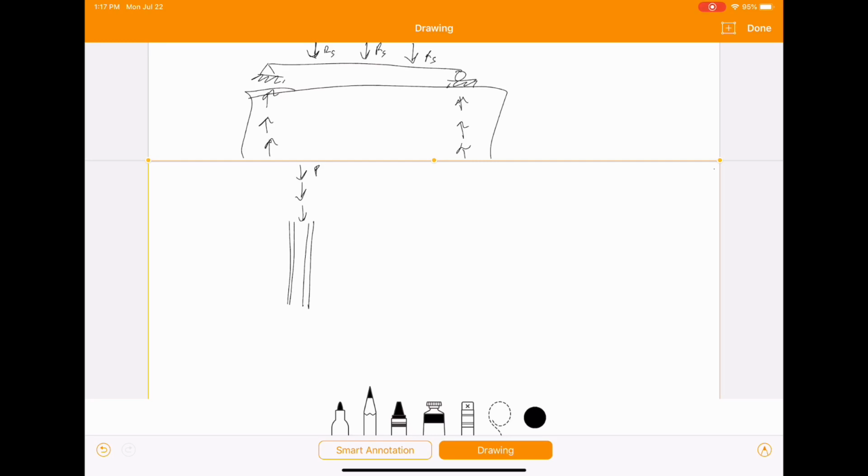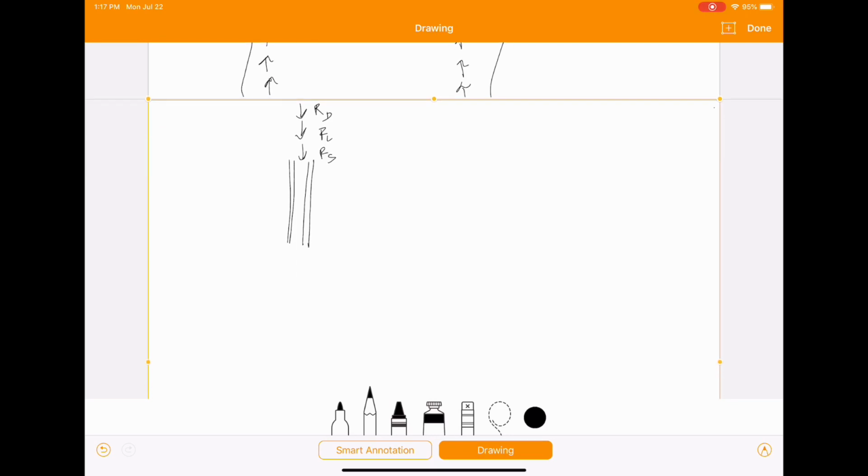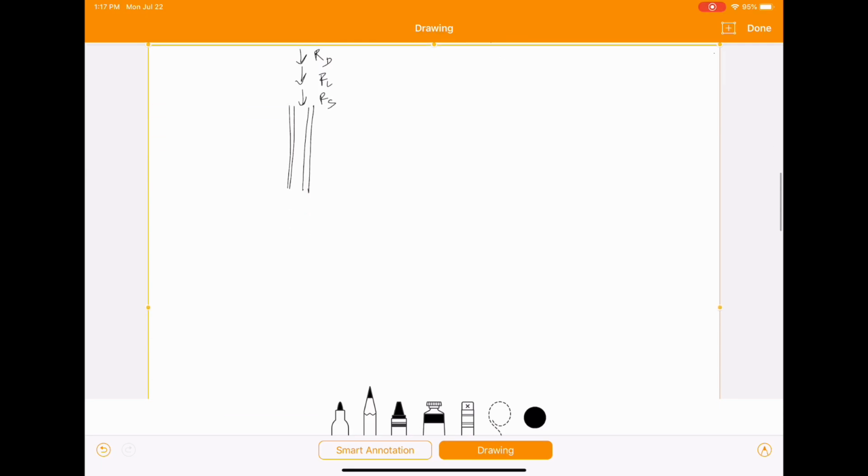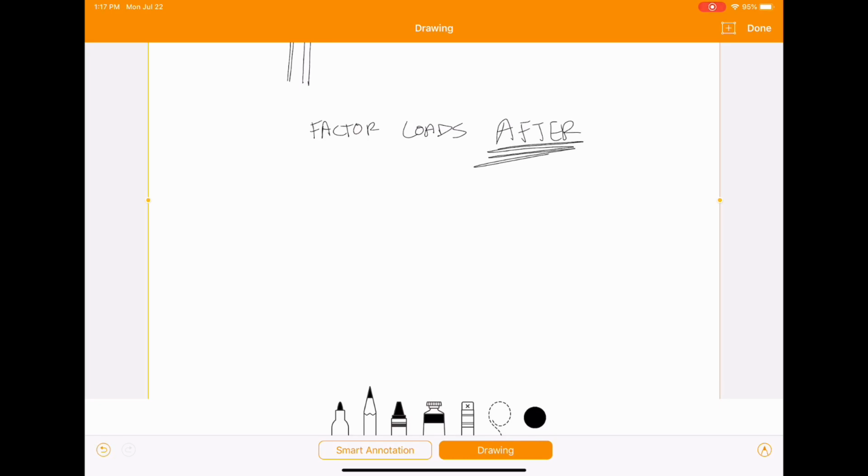So we've got some reaction dead, reaction live, reaction snow. And then once you've gotten your unfactored loads moved all the way through the building and you want to start designing those components, then you factor your loads. So factor loads after. It's so important.